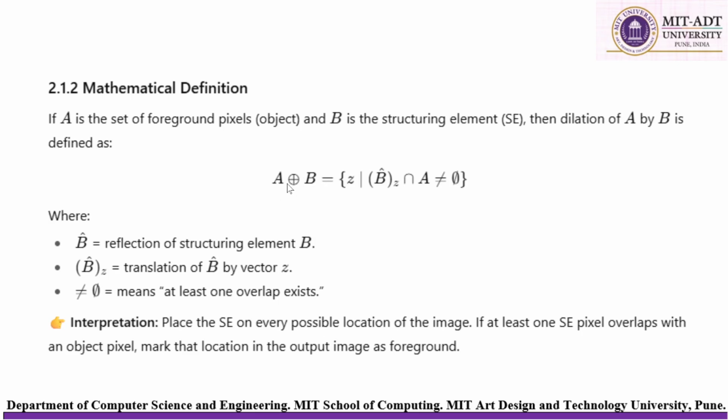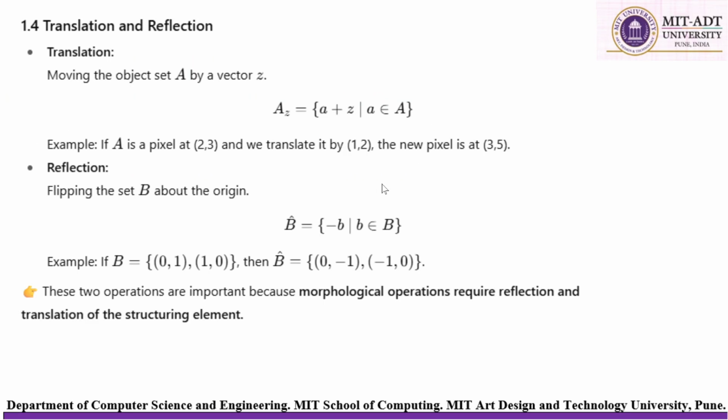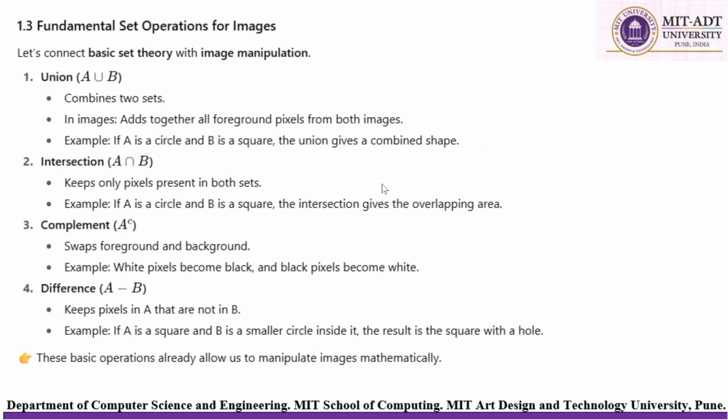So A ⊕ B is equal to the set of elements z such that z belongs to B cap. We have seen what B cap is.